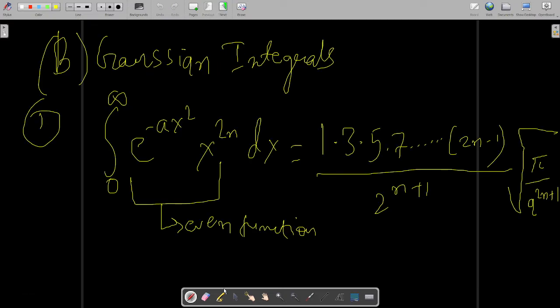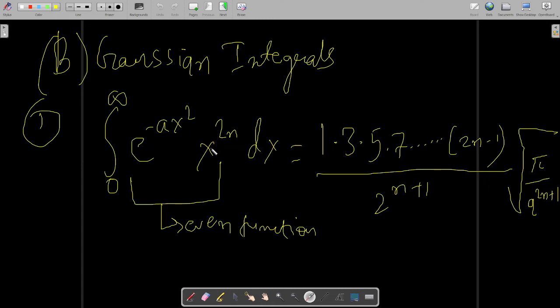So clearly if you put minus x over here, it will again become x square only, because minus x square and x square both yield x square, since minus into minus will become plus. And over here also x to the power 2n is there.